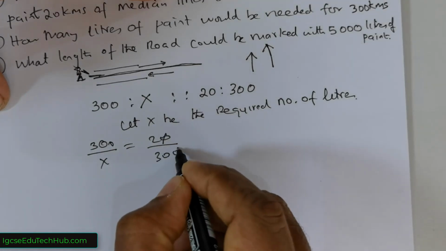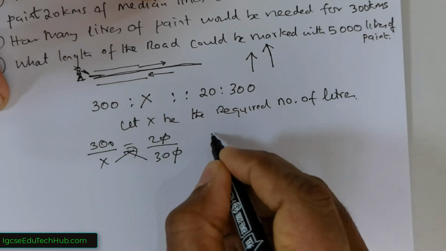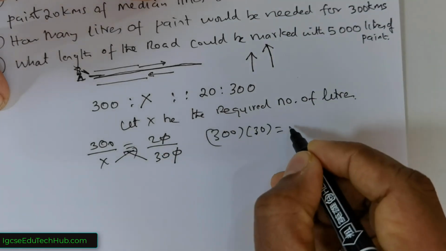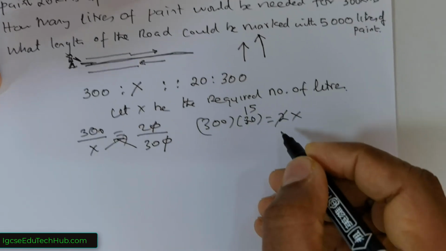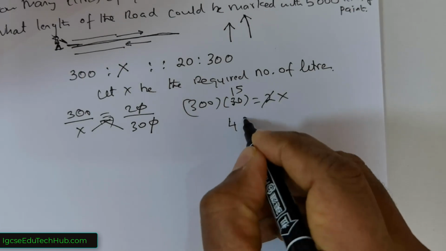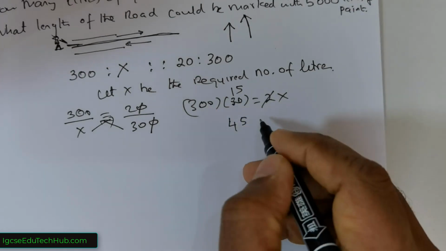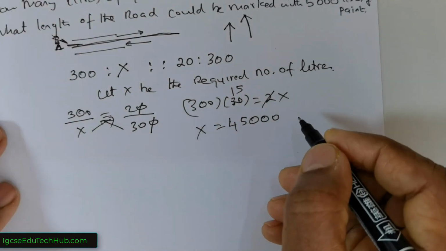So you cancel the zeros and then you cross multiply. This is going to be 300 into 30 is equal to 2 times x. Now 2 divides here 15 times. 3 into 15 is 45, and you have a 0, a 0, a 0. So this is equal to x.